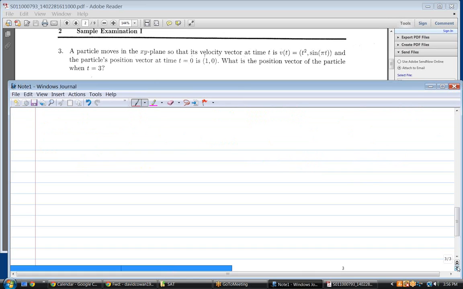Okay. If its velocity function is equal to this, not sure why they put print. Oh, its velocity vector is equal to this. Okay.